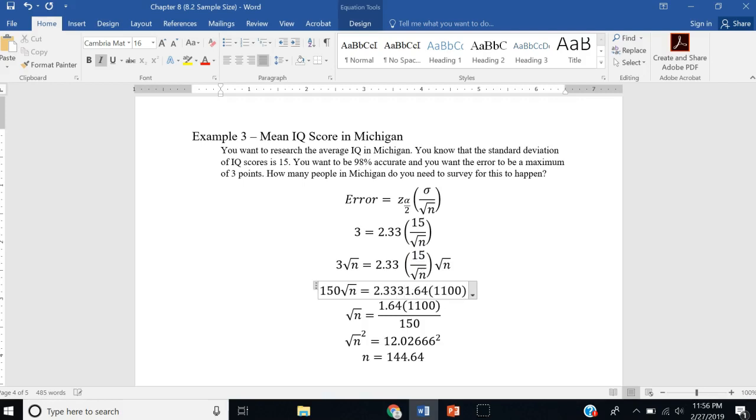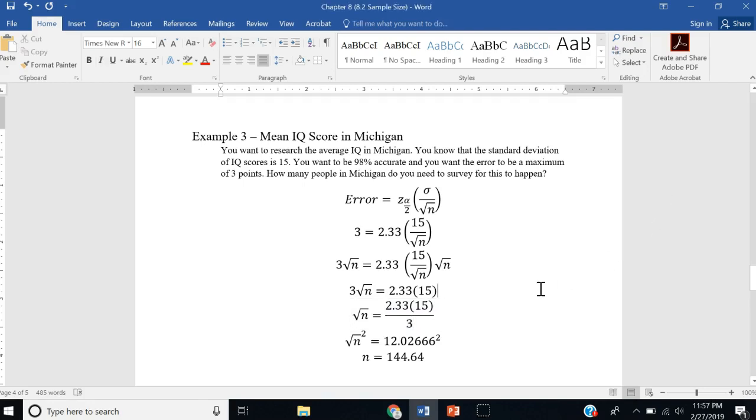Then divide by the coefficient of the square root on the left-hand side. So in this case, we'd be dividing by 3. Takes longer to type it than it does to actually do it in my calculator. Again, I'm writing all the steps, but in reality, I probably wouldn't write this every time I do this.